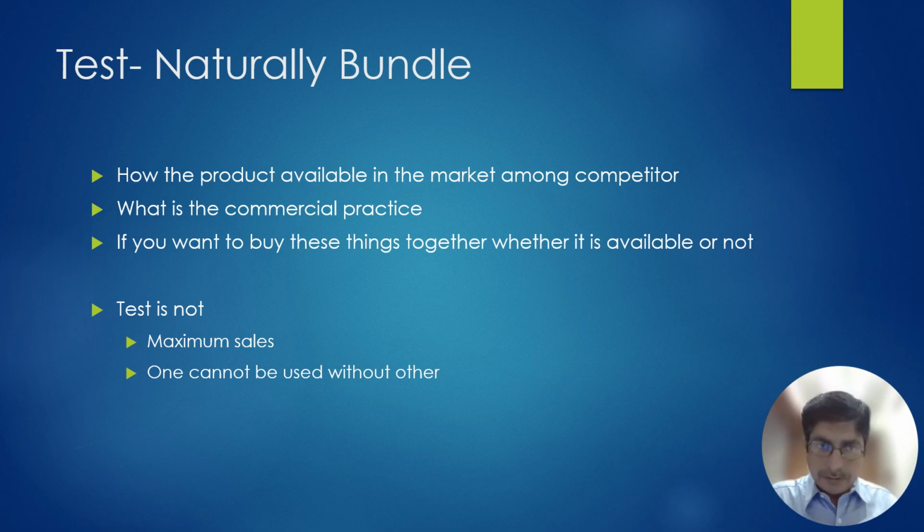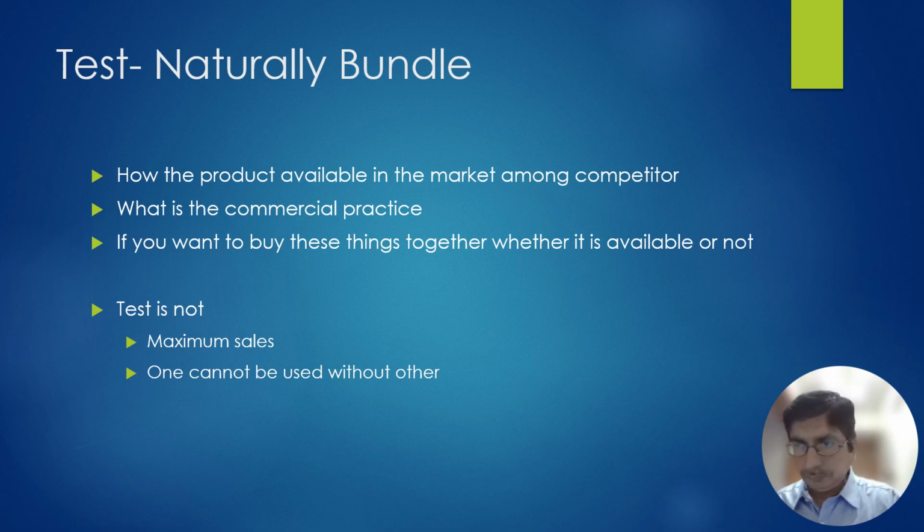Naturally bundled means how the product is sold in the market among the competitors. What is the normal commercial practice? If you want to buy two things together, are they normally available in the market together? The test is not what is the maximum sale.